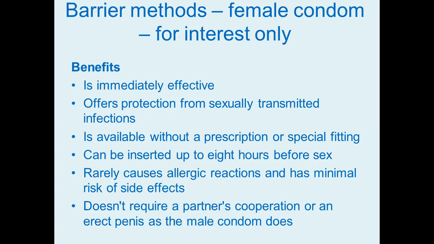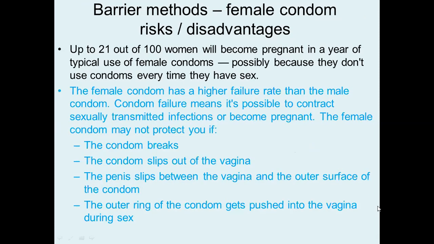So although a male can obviously see a female condom from the outside, there is a possibility that he would not notice it. Okay. Rarely causes allergic reactions, has minimal risk of side effects, and it doesn't generally require a partner's cooperation or an erect penis as the male condom does. And that's linked with this 8 hours before sexual intercourse.